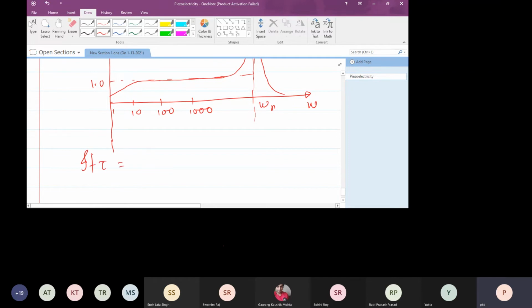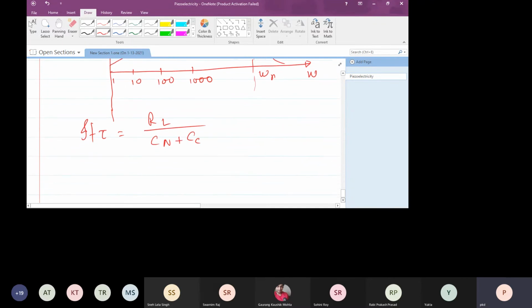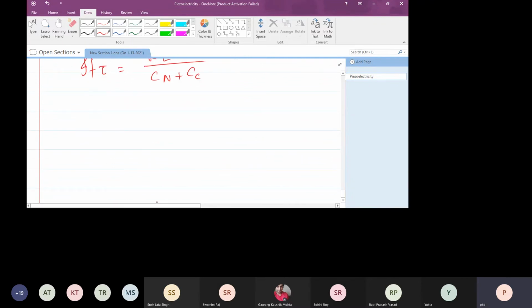If tau is taken as RL by Cn plus Cc, then Gs is equal to tau s divided by 1 plus tau s.